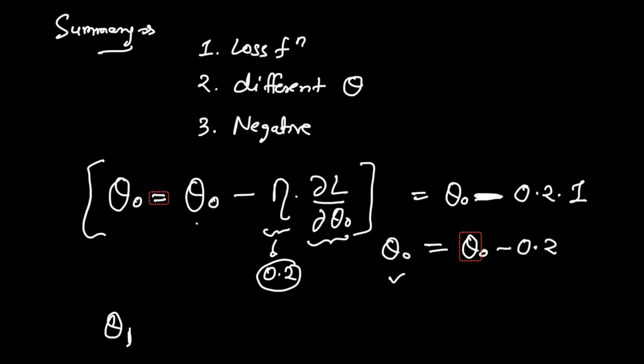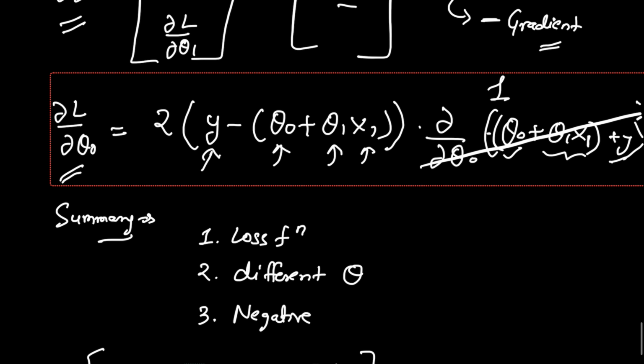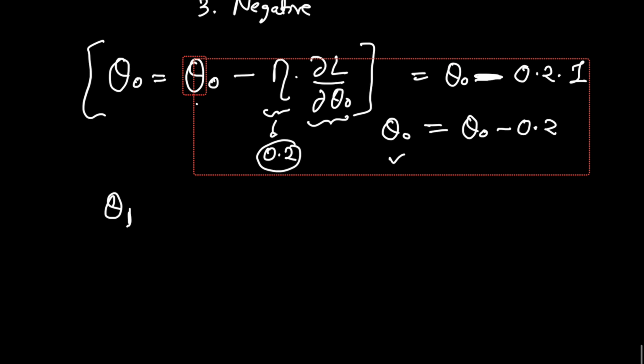Now when you have the new values of theta naught and theta 1, you can put them in this expression again, get the new y, then calculate the loss function, then calculate the gradient again, and so on. And we keep on doing it until we reach a very small value of the loss function, and that means our neural network is now doing a good job.